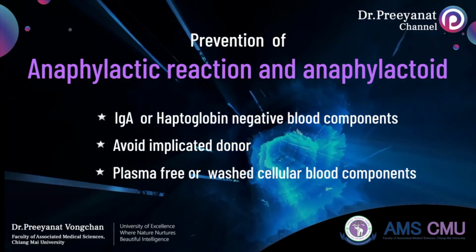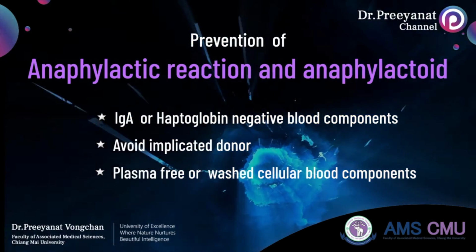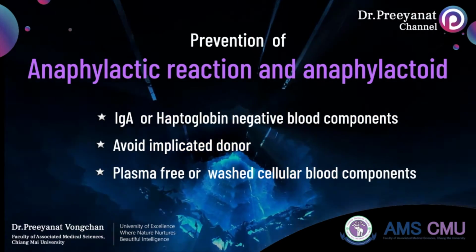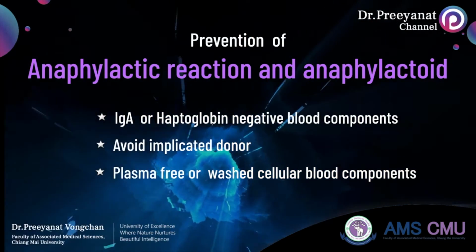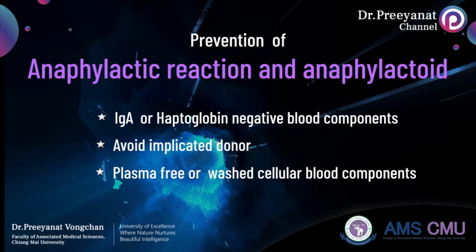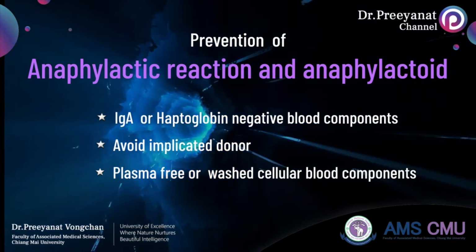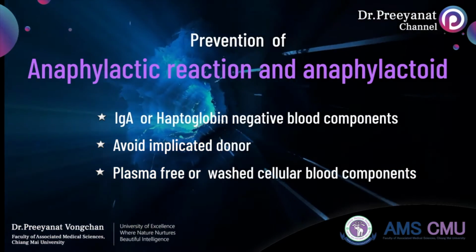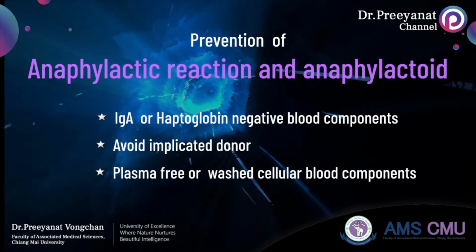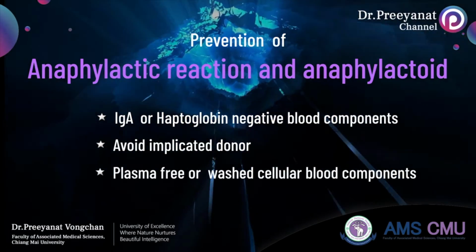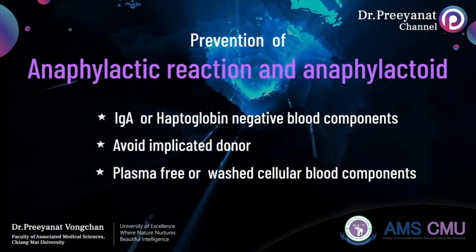To prevent anaphylactic reaction, IgA or haptoglobin negative blood component is suggested for patients who have anti-IgA or anti-haptoglobin. Avoid the implicated donor, and in case of need, plasma-free or washed cellular blood components are recommended for both anaphylactic reaction and anaphylactoid reaction.